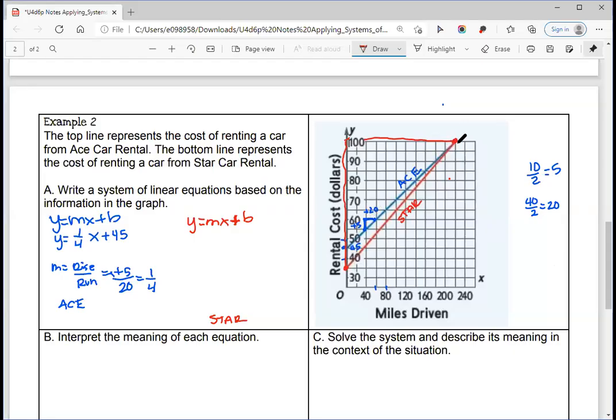No, sir, it's where this bottom line touches the y-axis. What is the value of this point right here? Here's 30, here's 40, and it's right in between. 35. Yes. Okay. So we have that.